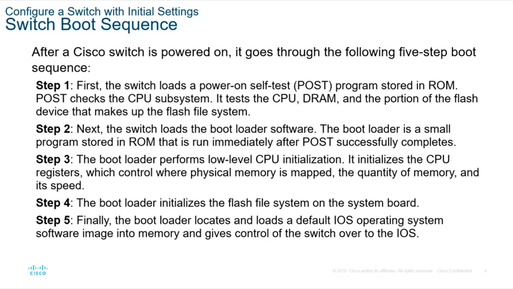It initializes the CPU registers. The registers have to be redistributed to different components, which controls where physical memory is mapped, the quantity of memory, and its speed. That is the distribution of the available resources.